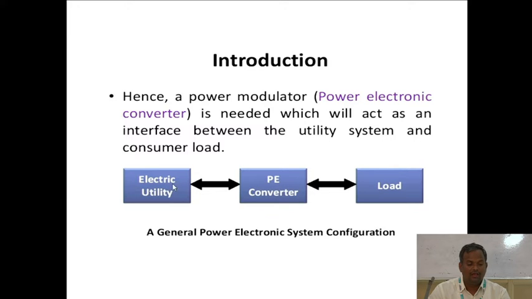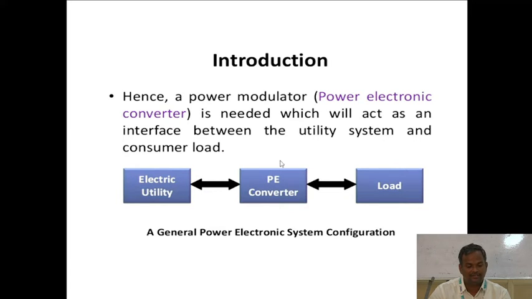That is, how the input to the load is mapped. For example, from the power converter point of view, there is a chance to utilize different converters: rectifiers, choppers, or inverters. We know the rectifier converts from AC to DC, the chopper converts from fixed DC to variable DC, and the inverter converts from DC to AC.